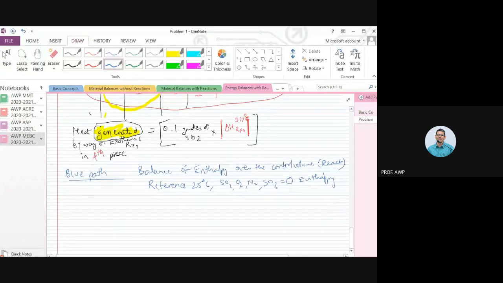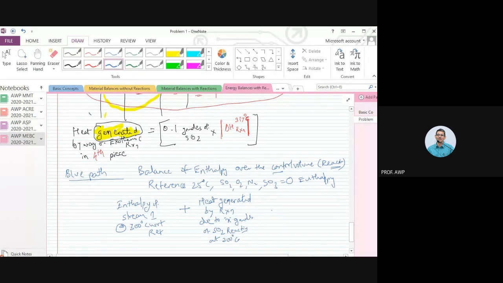So the enthalpy over this control volume, the reactor, with the blue path: this is the enthalpy of stream 1 at 300 degrees centigrade with respect to the reference, plus the heat generated by the reaction due to X gram moles of SO2 reacting at 300 degrees centigrade, must be equal to the enthalpy going out, which is nothing but stream 2 at 450 degrees centigrade with respect to the reference.